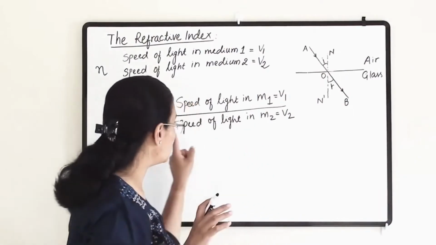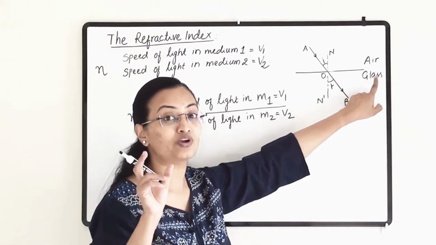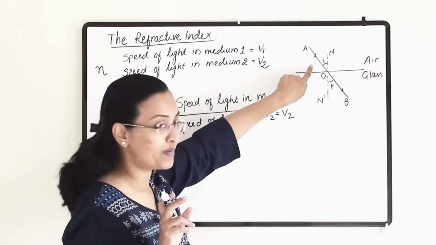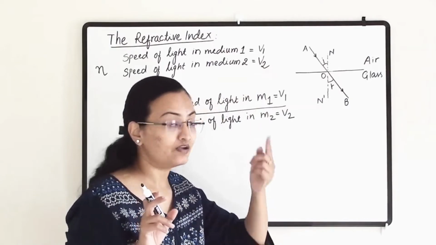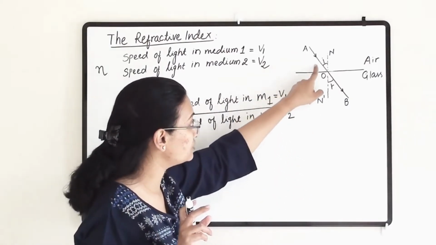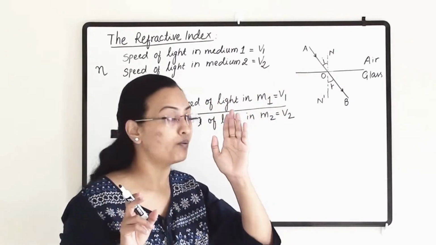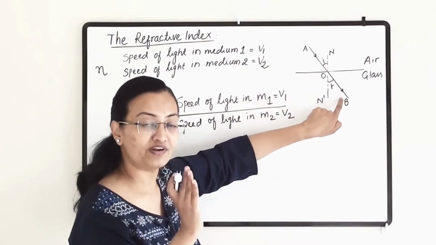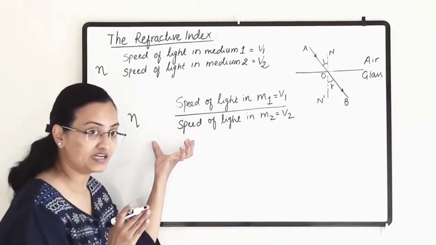This ratio is for finding the refractive index of the second medium, which is the glass medium. Here it is not bending because that medium is air, and even if it is bending, we check that with respect to this ray, which is our reference ray, and compared to this ray, how much the other ray has got refracted or bent.